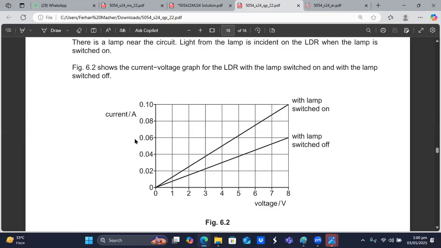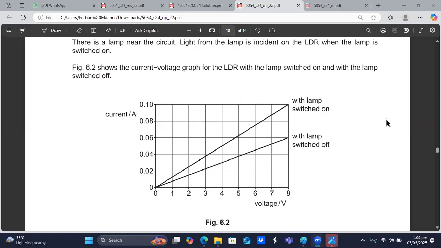This is a graph of the LDR. So this is basically a current and voltage graph. If you look at the graph, on the y-axis, the current is represented. On the x-axis, the voltage is represented.